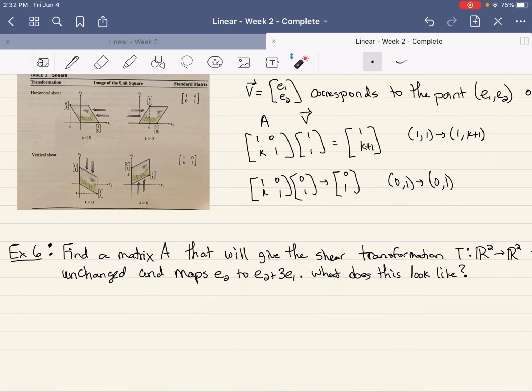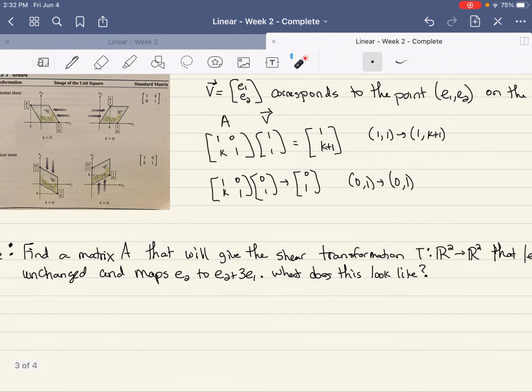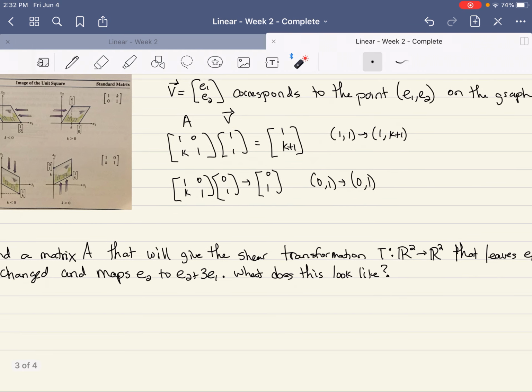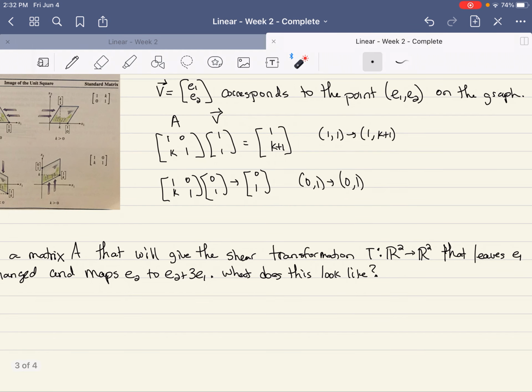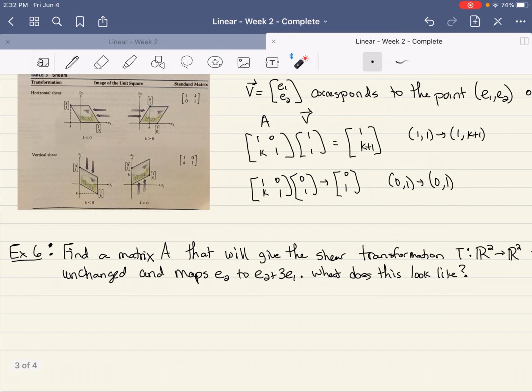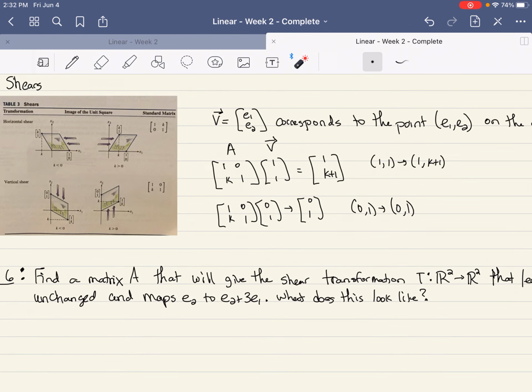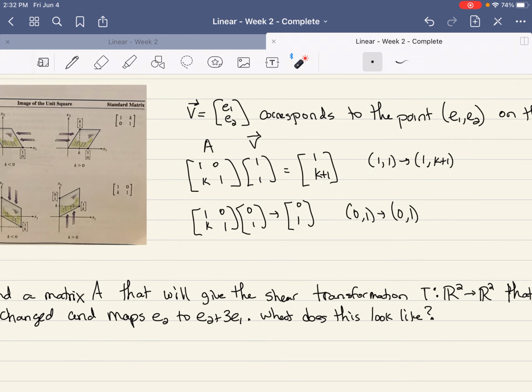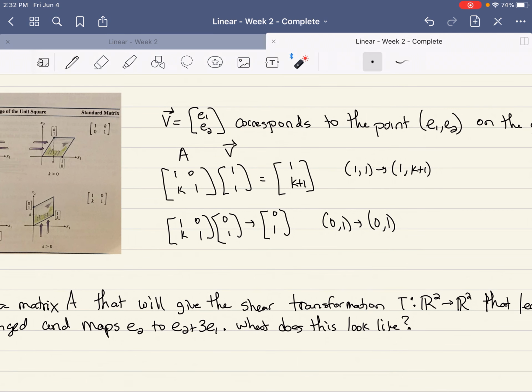So the way they form these in the book, it says: find a matrix A that will give a shear transformation T from R2 to R2 that leaves E1 unchanged and maps E2 to E2 plus 3E1. So if we look up here, in both of these, our E1, our first points, were unchanged.